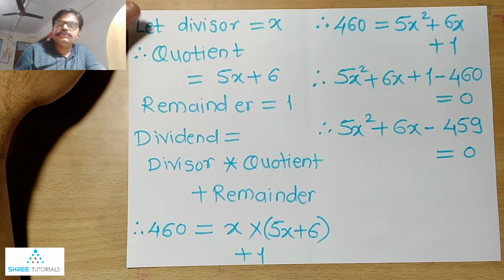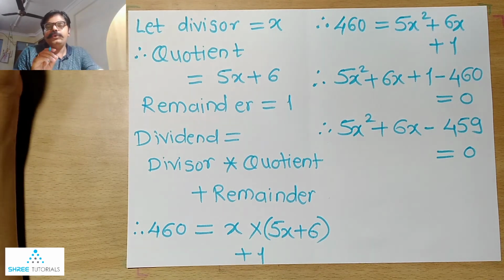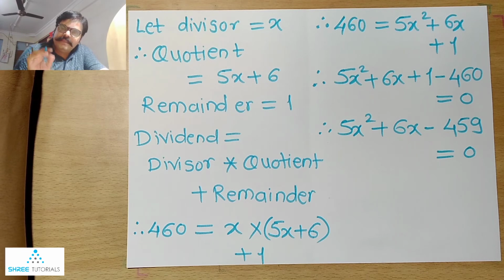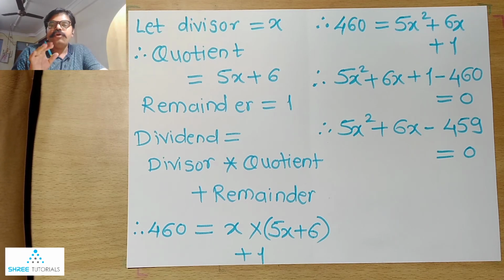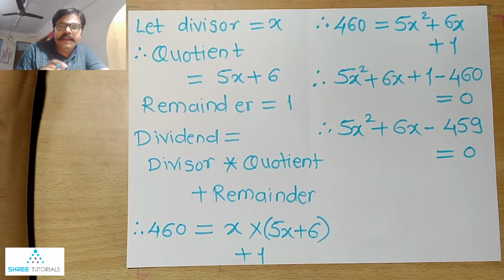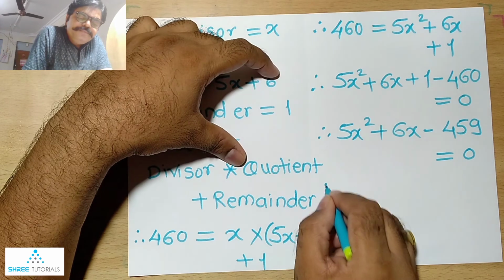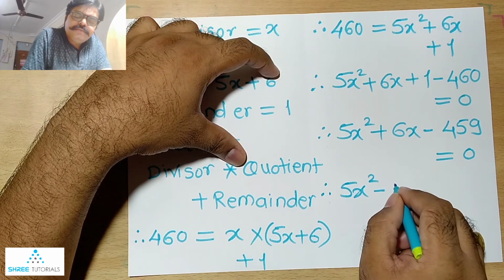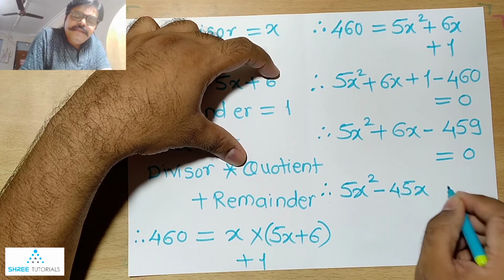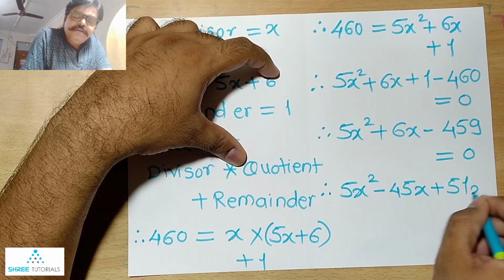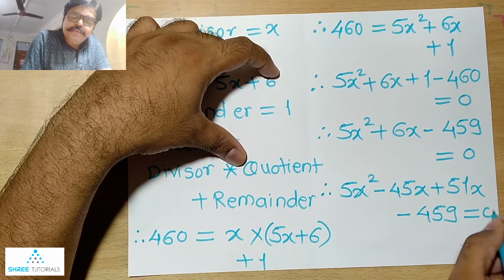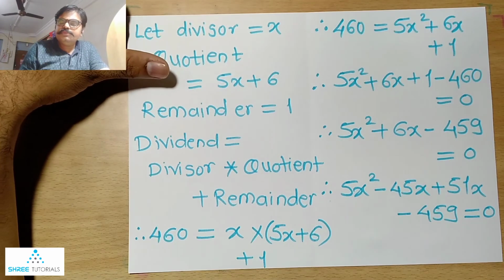So friends, this is actually our quadratic equation. We are going to solve this quadratic equation by using the method of factorization itself, and for this calculation the factors are actually going to be minus 45 and plus 51. Therefore 5x square minus 45x plus 51x minus 459 is equal to 0.